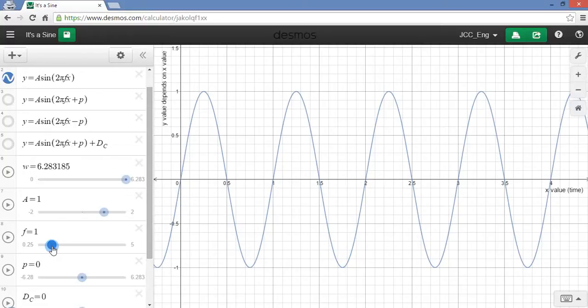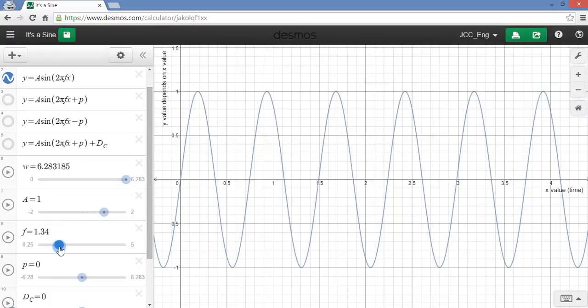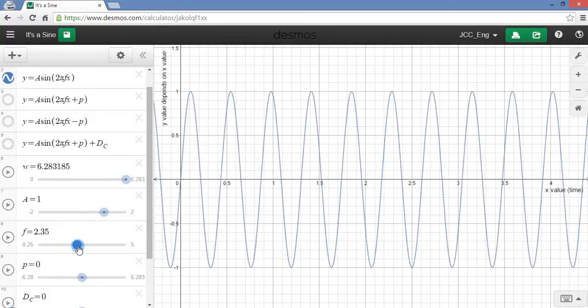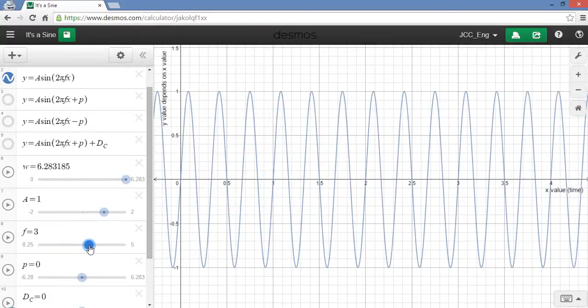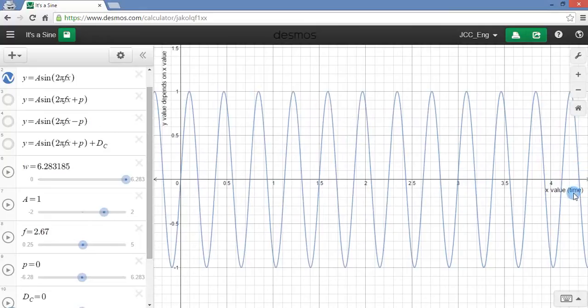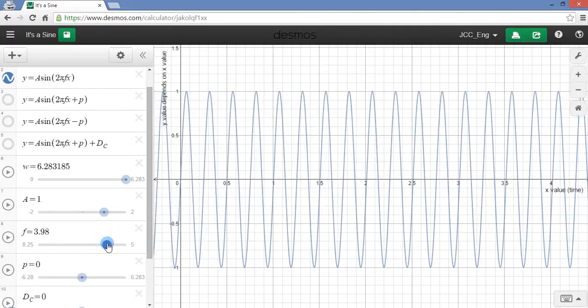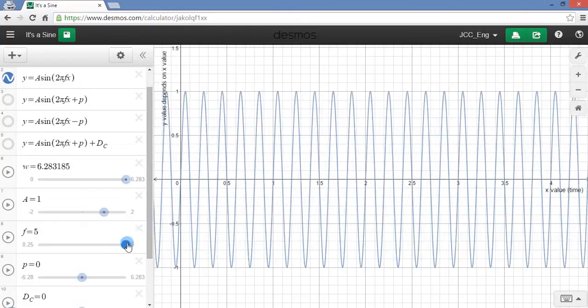So if the frequency increases, it's more frequent, so you get more of them per second. And as I've got on my x-axis here, time, I didn't put it, I should have really, is in seconds. And here's 1 second. And as f goes up, we get a lot more cycles per second.